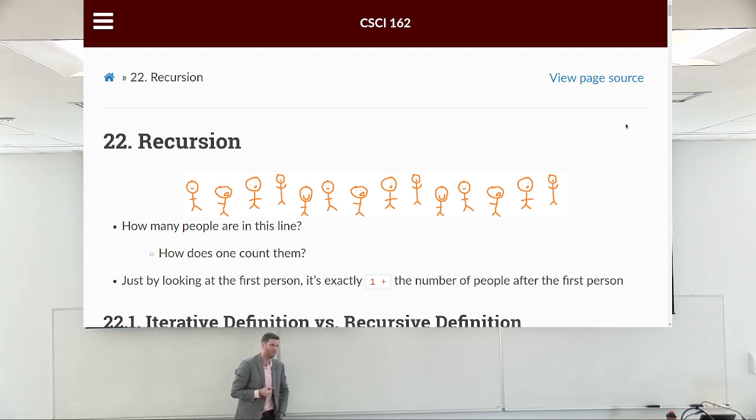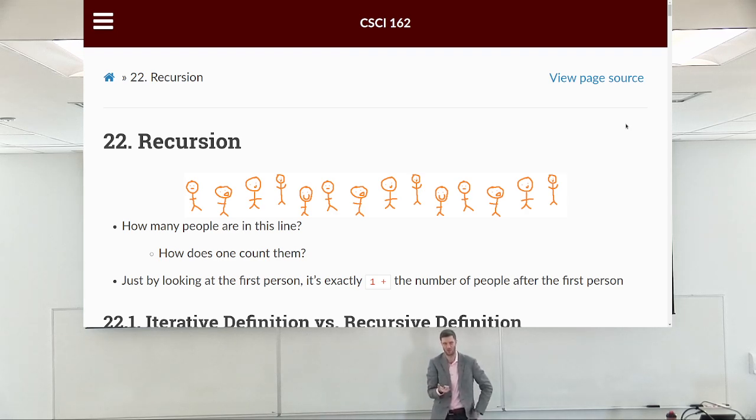But then this, of course, begs the question, well, hold on. You just said it's 1 plus the number of people after the first person. That's not a valid answer. You just answered that question with another question. Because the question then comes, well, how many people are after that first person?